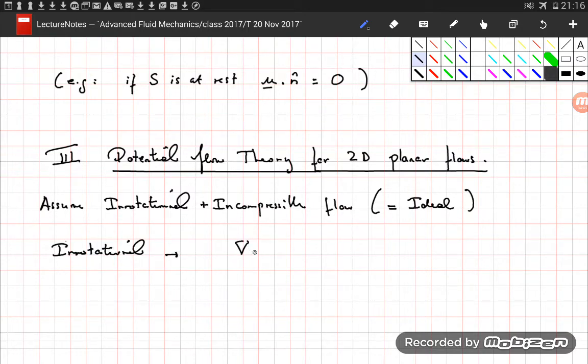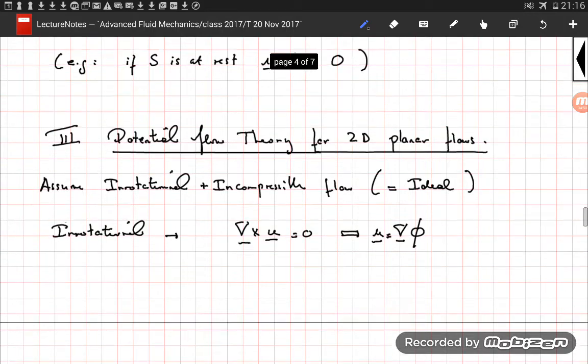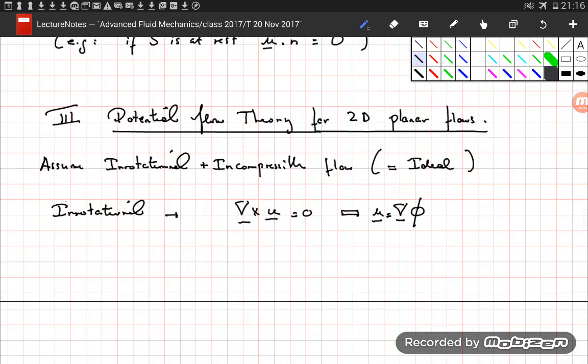That means that the curl of U is equal to 0, and therefore that the flow velocity field derives from a potential. So there exists a function phi, which is the velocity potential, such that u is equal to the gradient of phi.